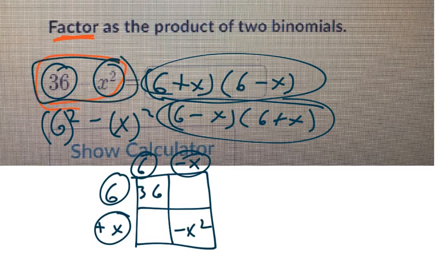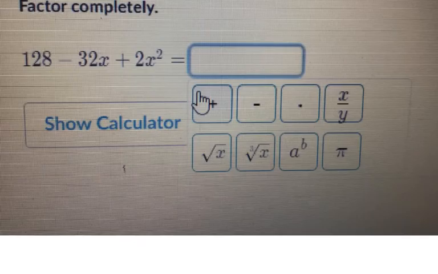Now, what happens in the middle is, right here, hopefully you see I get a minus 6x, and down here I get a positive 6x, and minus 6 plus 6 is 0. So with the difference of 2 squares, the middle term, the x term in this case, cancels itself out. That's how it works. All right, let's get going here.